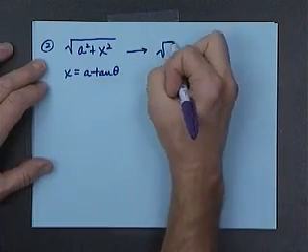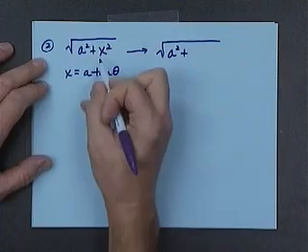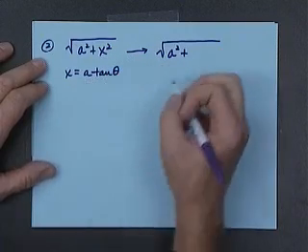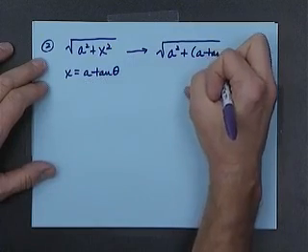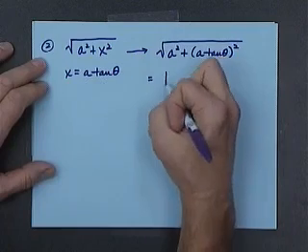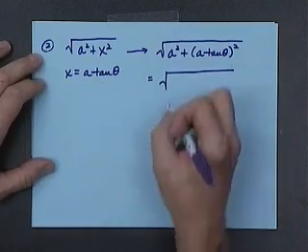But let's see why this has a chance of working. A squared is left alone. For x squared, we're going to plug in a tangent theta, the quantity squared. We got to square the a and square the tangent.